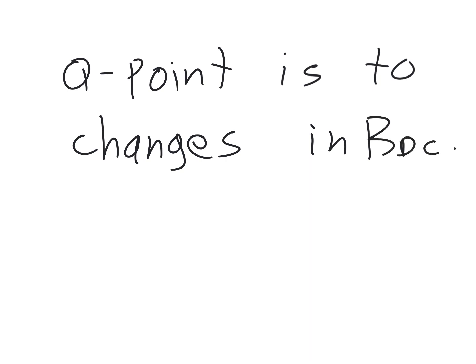And if you recall, we also noted that beta DC is the DC current gain. It's the relationship, the ratio between the collector and base currents.